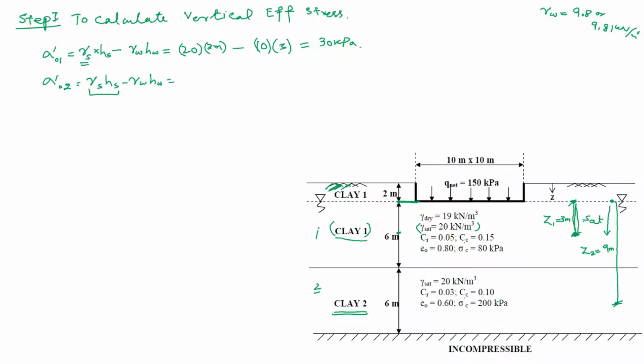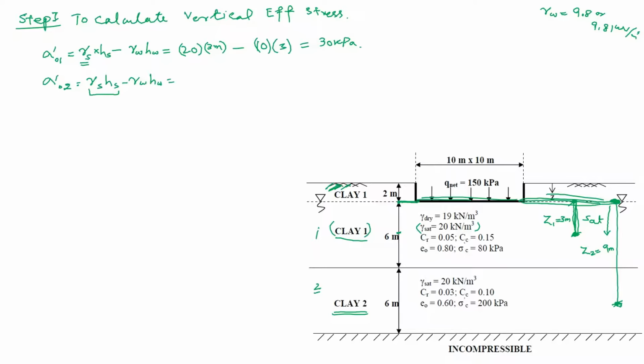So always start from the line or point which is at the base level. This is the base of foundation. So we will always move from this point for all layers. We moved from this point till the center of this layer, and now we will move from this point to center because we want to determine the total stress at this point.